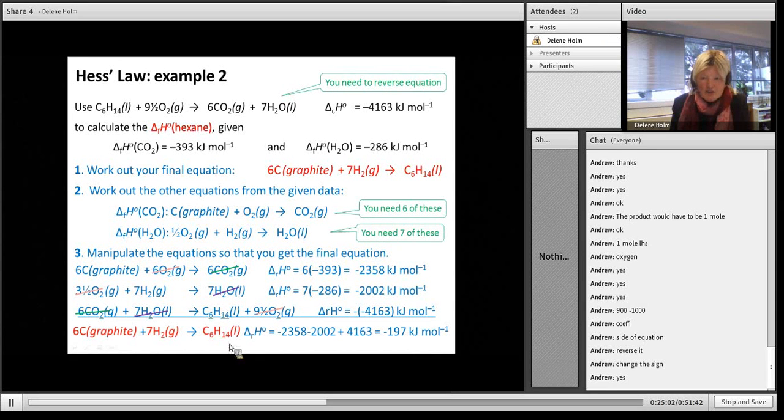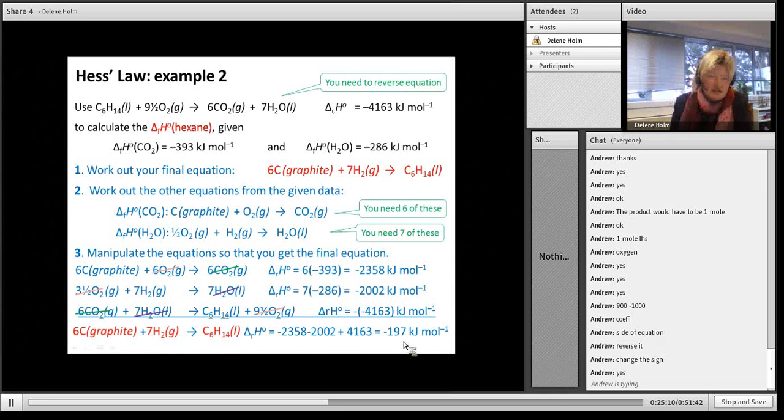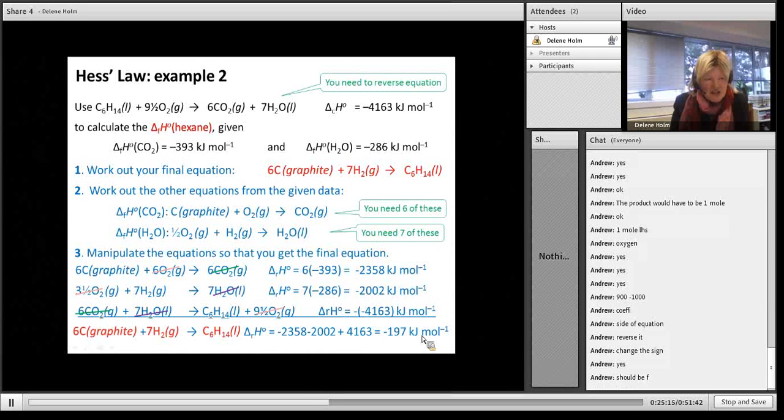And now you just simply add negative 2358 plus negative 2002 plus 4163, and you get a negative answer. Again, double check things. You're quite right, these should have been heats of formation. I had it correct over there, but I put R over there.